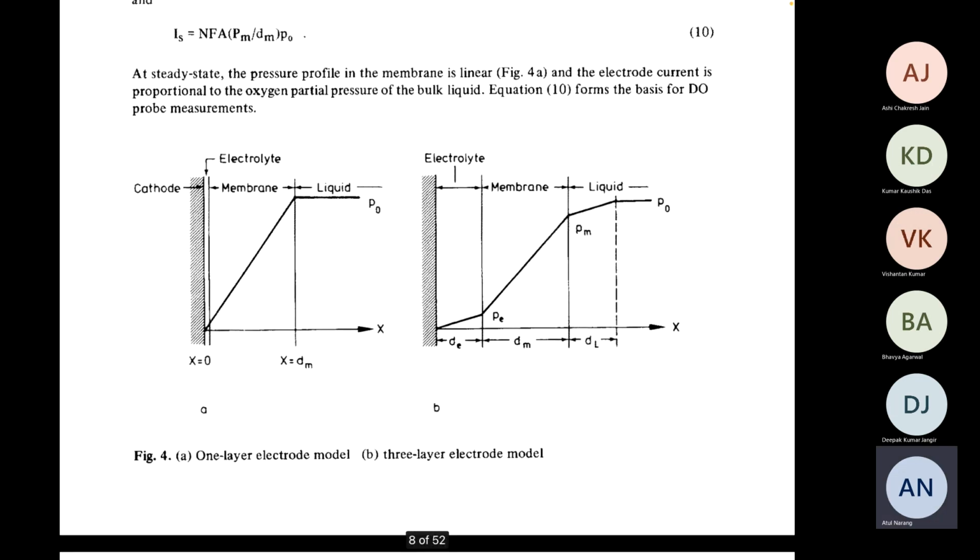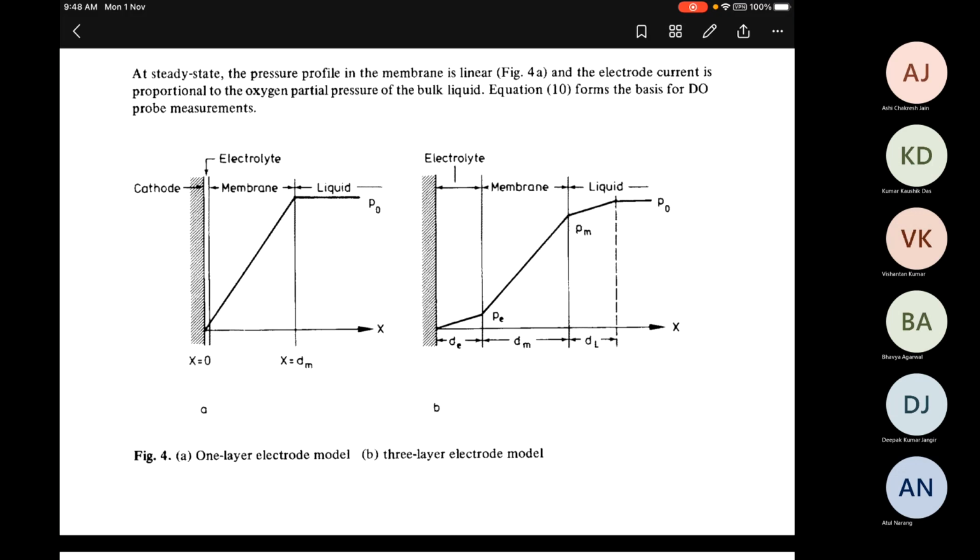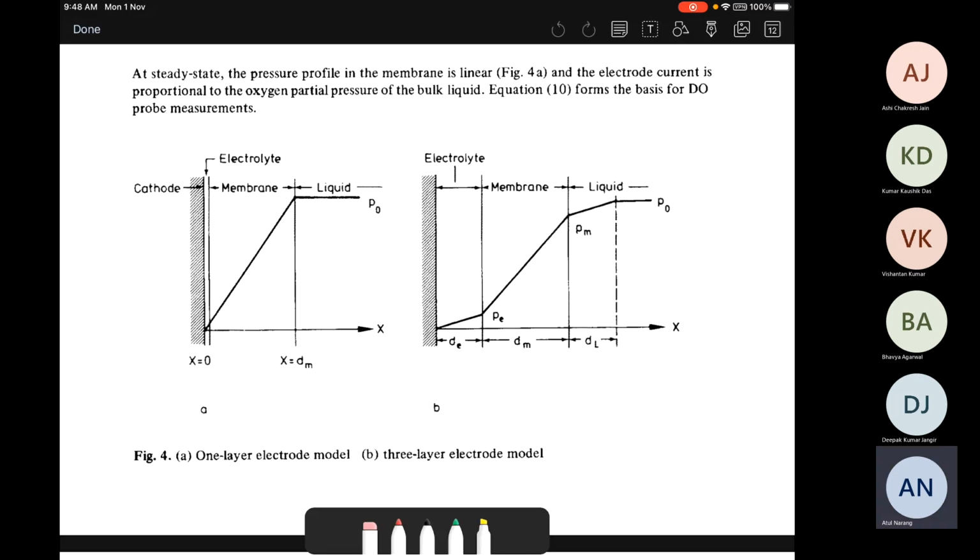This is the cathode on the left hand side.